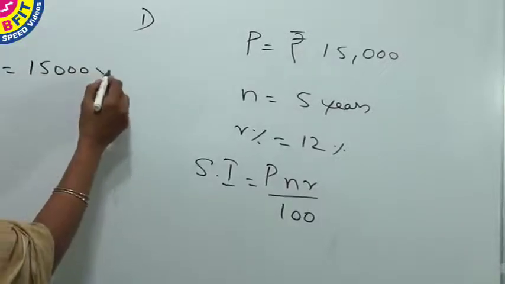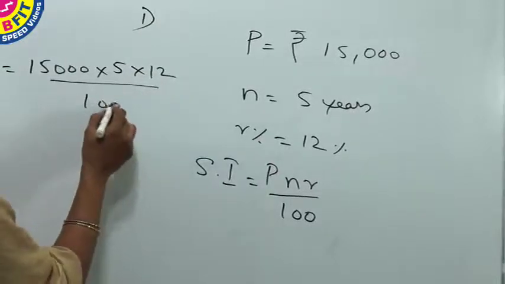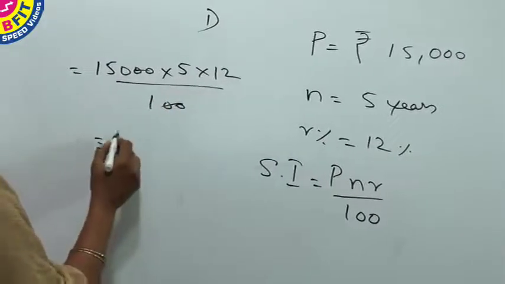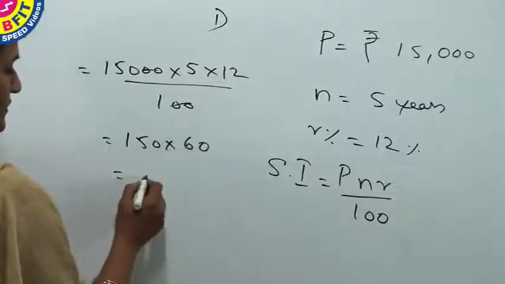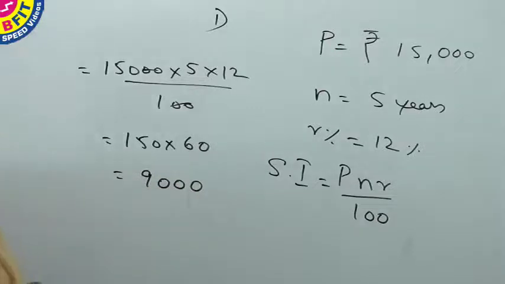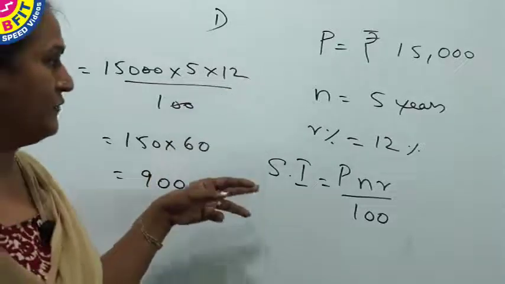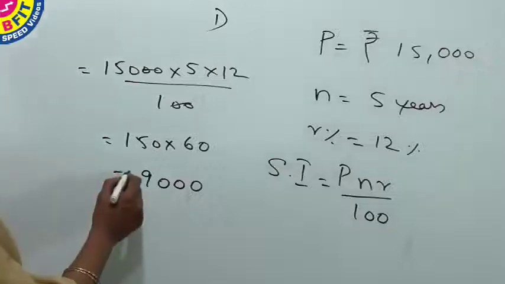So 15,000 into 5, which is equal to 9,000. The simple interest got on the amount of rupees 15,000 for 5 years at 12% is rupees 9,000.